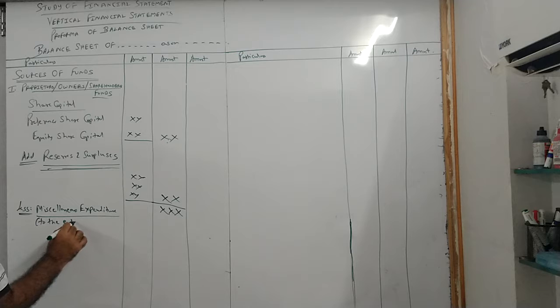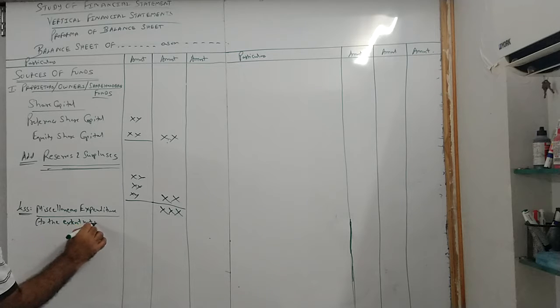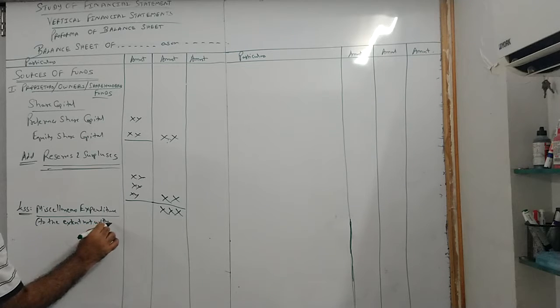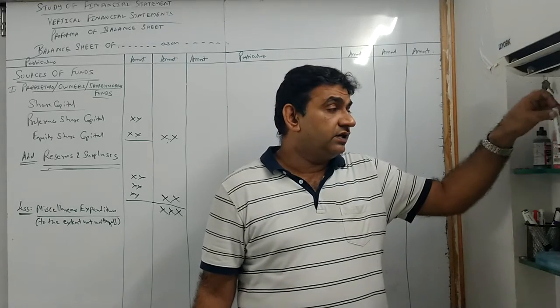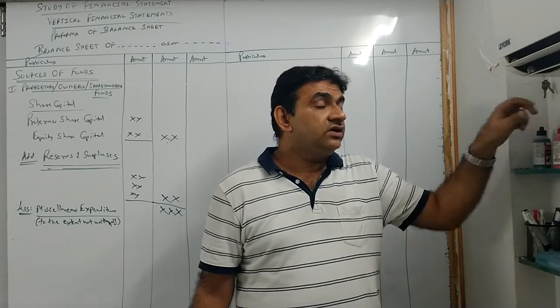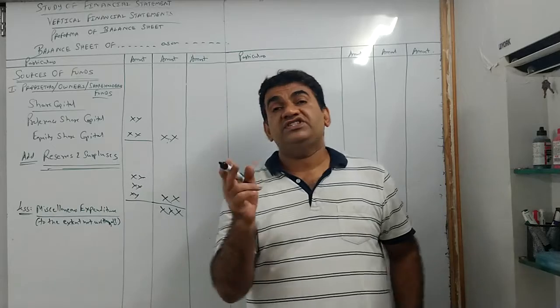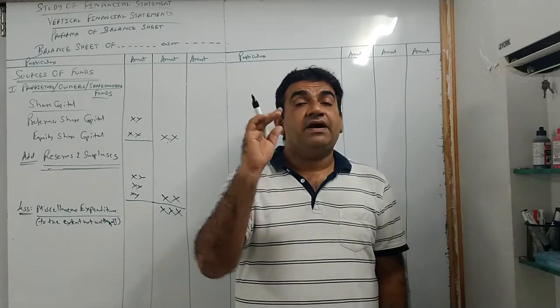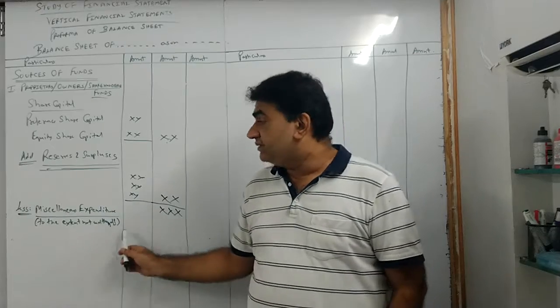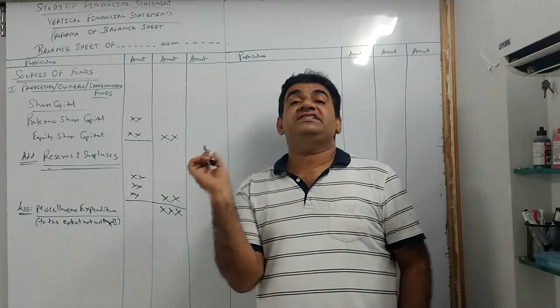Brackets will be there, to the extent not written off. Now listen, to the extent not written off means the part which is written off is an expense which goes in P&L, and the part which is not written off remains in the balance sheet. This is nothing but a fictitious asset.